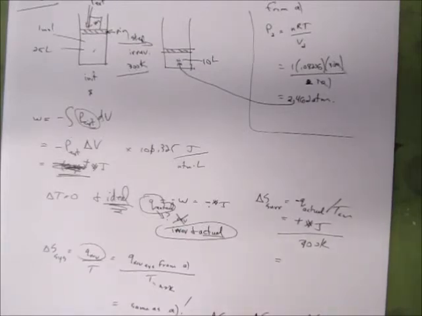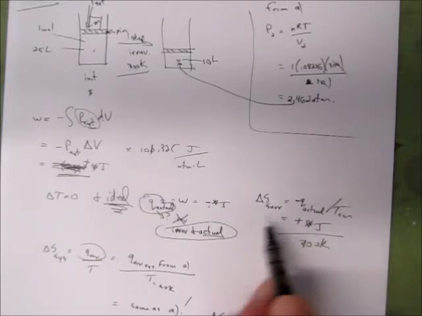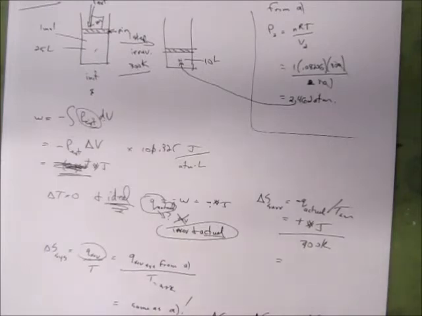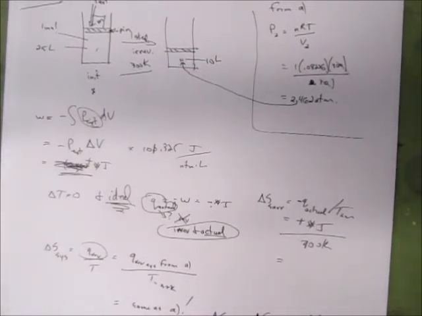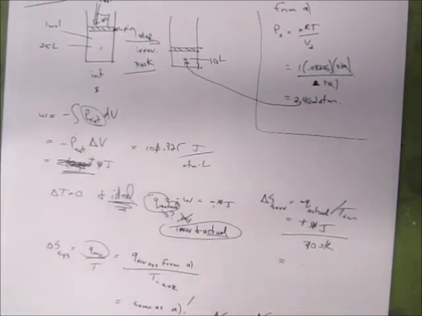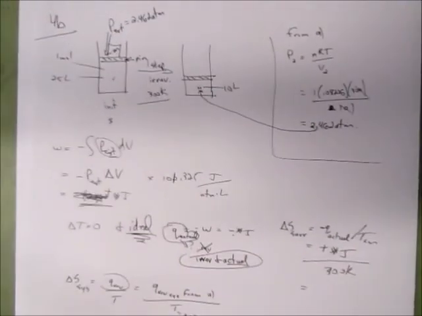The surroundings received heat and its entropy would be a positive number. This is a spontaneous process, which tells me this number has to be bigger than that one so that you get a positive number, which means that it's a spontaneous process. If you got a negative number, then that means that this would not be a spontaneous process.